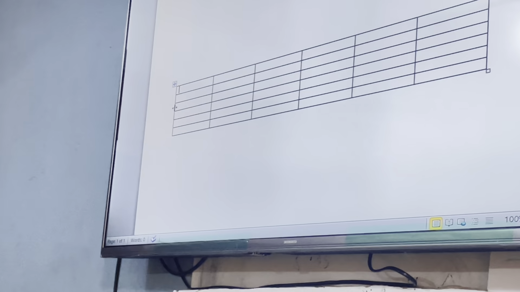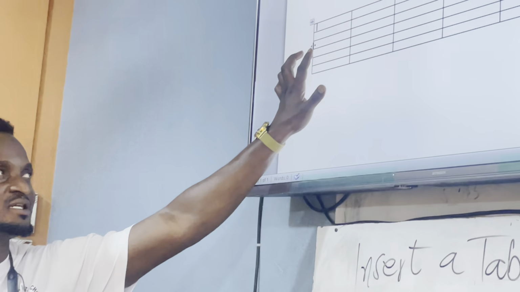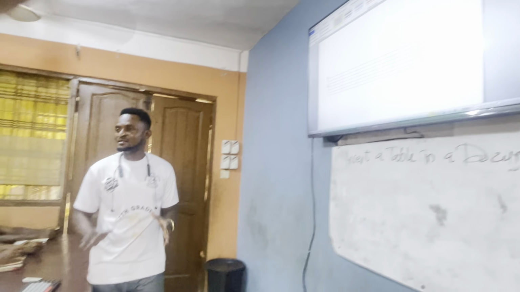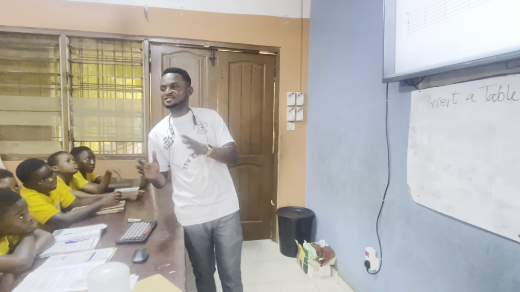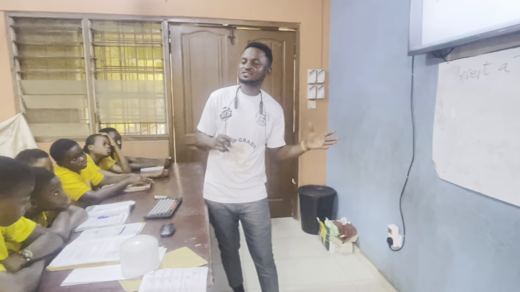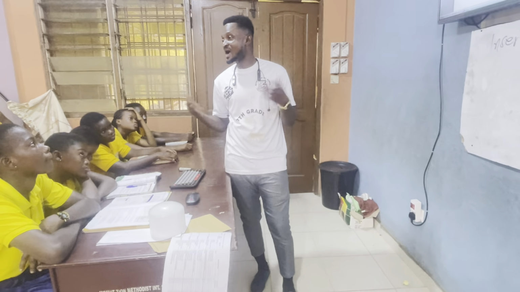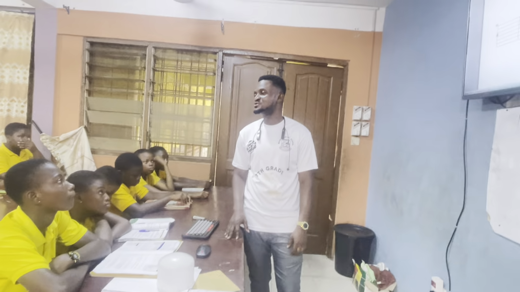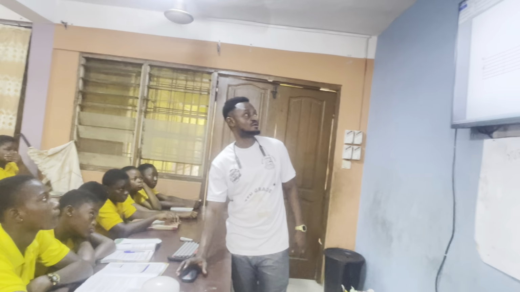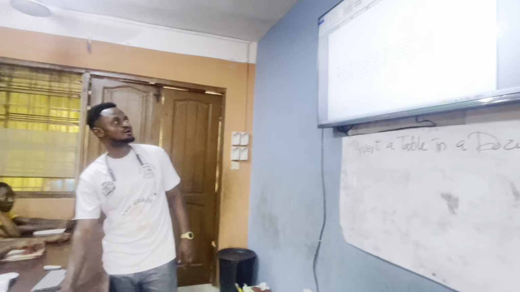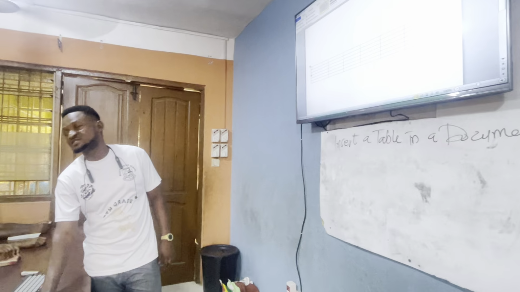So after resting the cursor on it, you see this side. Okay? And either you are going to drag it to your left or your right, depending on how you want your table to look. So I've resized it.